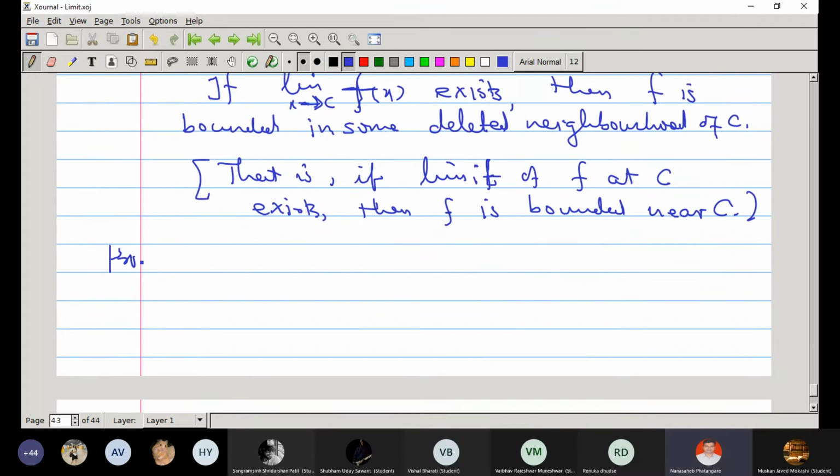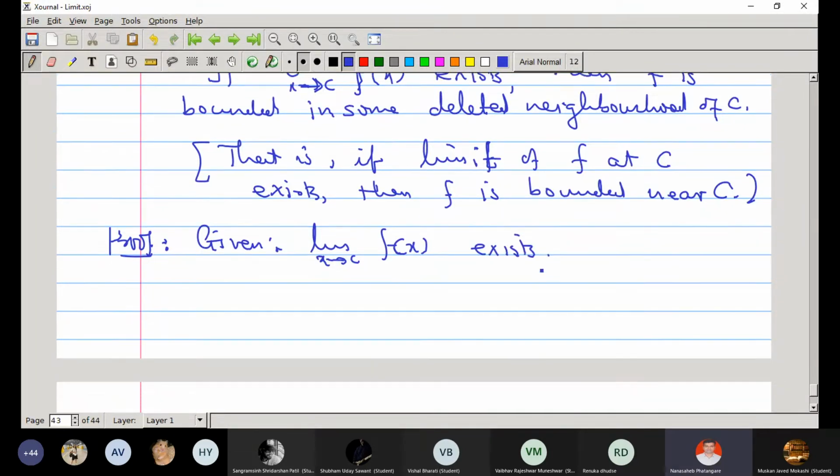So what is given? What is the assumption or hypothesis? Limit x tends to c of f(x) exists. Right.